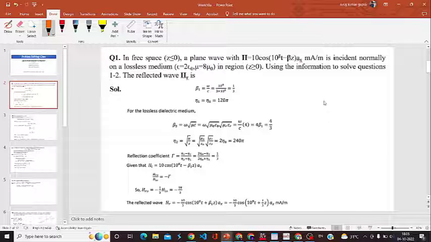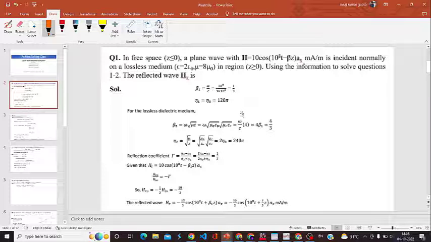Above this region, a lossless dielectric media is there, having epsilon equal to 2 epsilon naught and mu equal to 8 mu naught, and below this region free space is there, defined by the properties epsilon naught and mu naught.